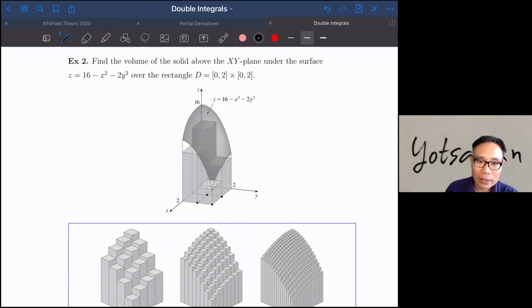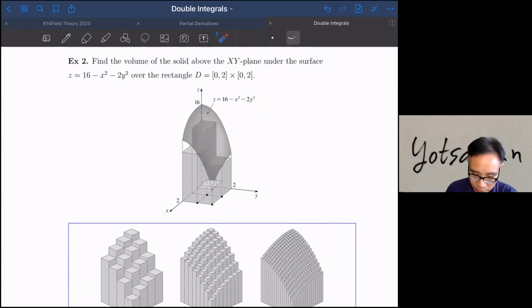The next thing I'd like to teach you is the interpretation of volume. I give you the surface z equals 16 minus x squared minus 2y squared. This gives you this surface.